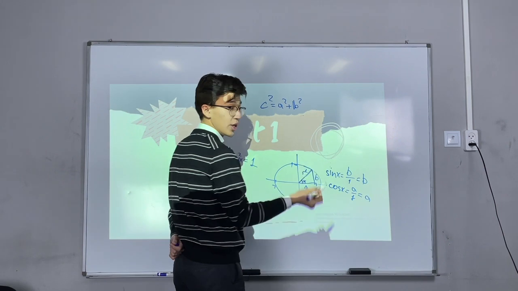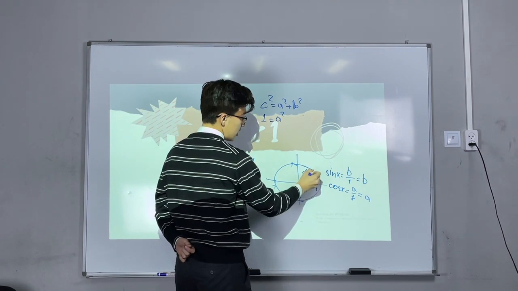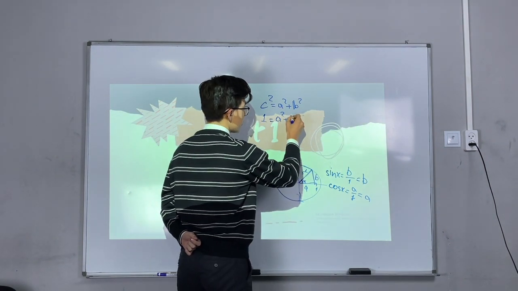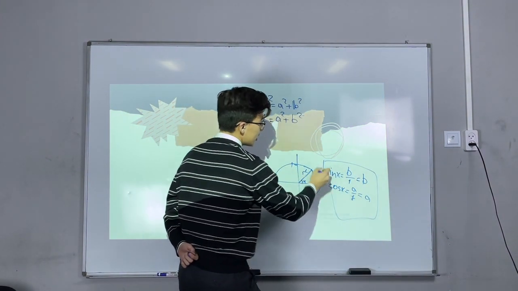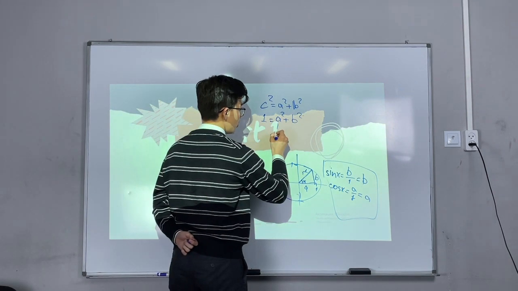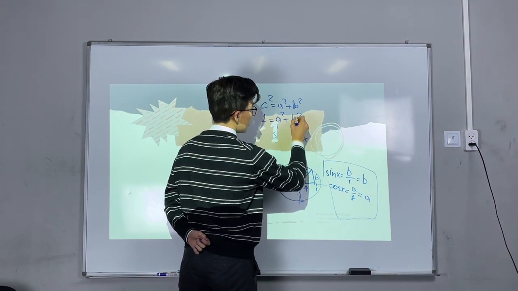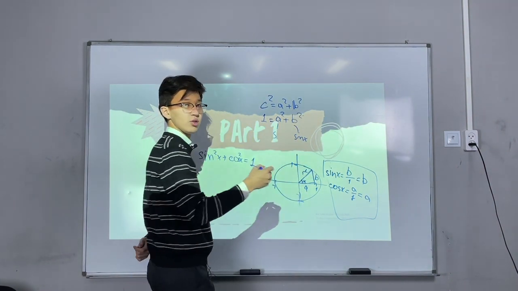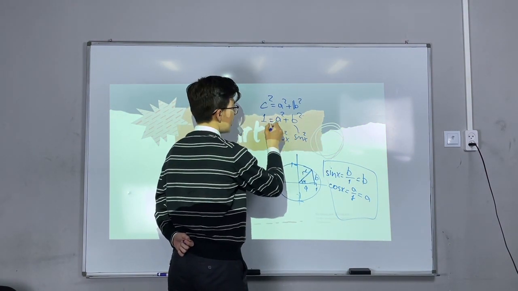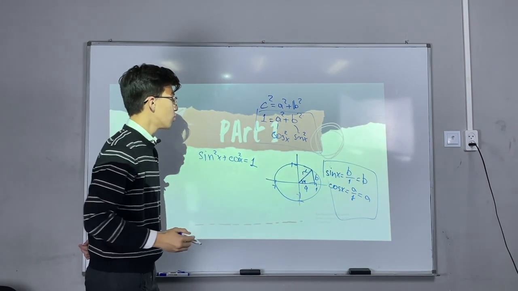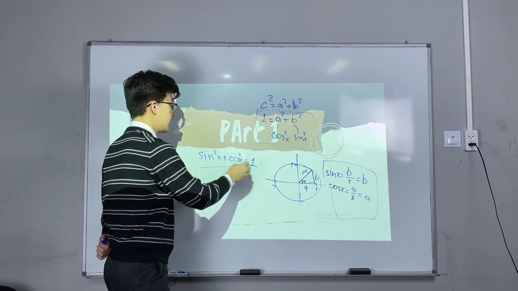So the square of 1 equals 1, and that equals the square of a plus the square of b. And from here we know that sine x equals b and cosine x equals a, so we write sine x squared plus cosine x squared. From this I think we understand where we got this formula.